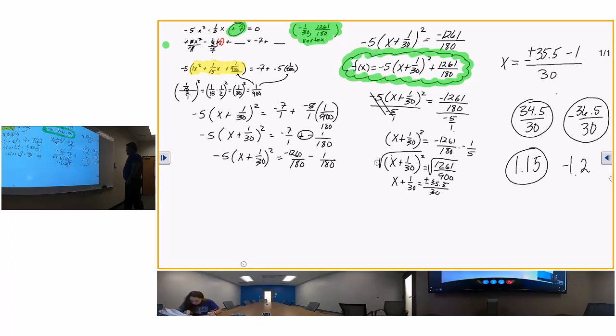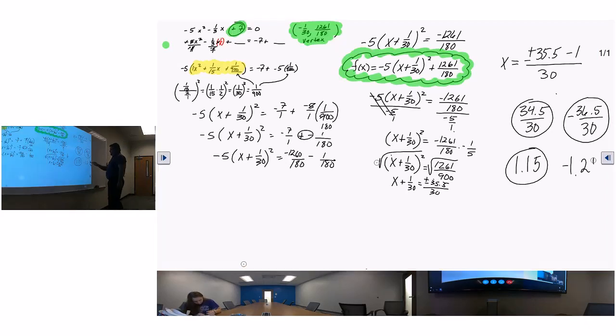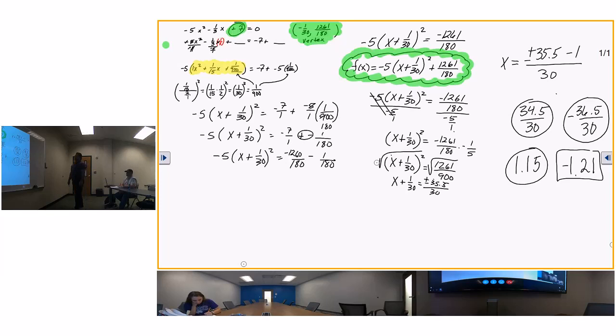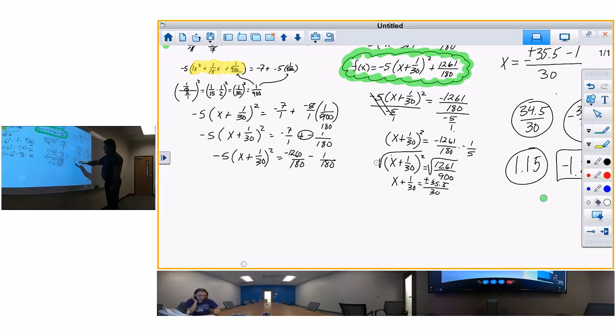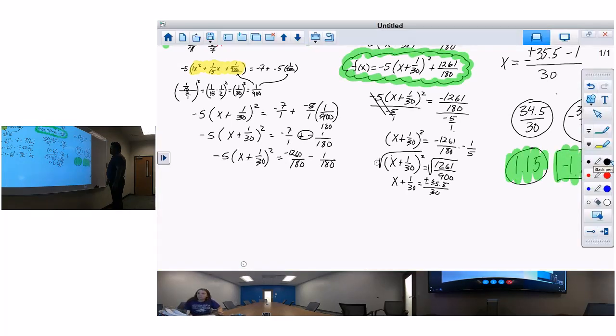Y'all check me. Yes. So now you've got everything you need, because I'm going to take my handy dandy green highlighter and highlight my x-intercepts. So I've got everything I need now to sketch my graph and find the domain, range, and all that good stuff.